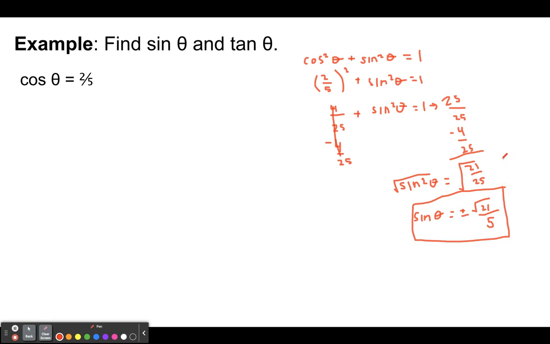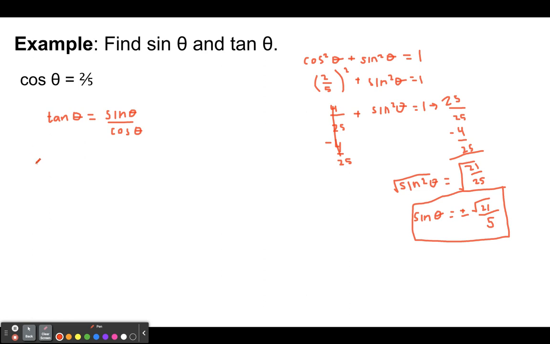And then for tangent of theta, as we learned from the notes previously, we know that tangent of theta is the same thing as stating sine theta over cosine theta. Now that we've solved for sine of theta, we can go ahead and solve for tangent of theta since we were already given the value of cosine.